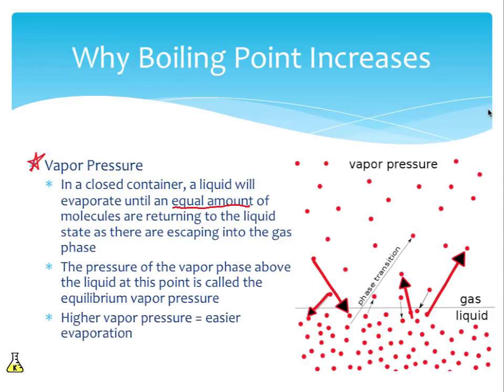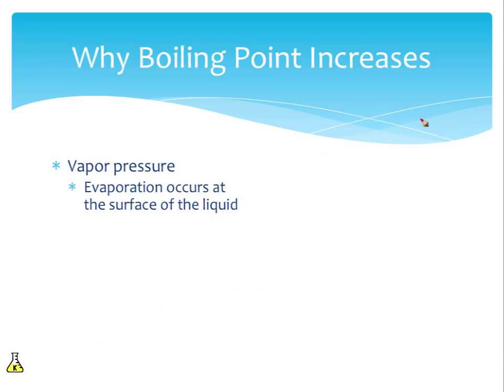In summary, though, connecting it back to why we're trying to explain boiling point, basically what we can say here at the bottom is that when we have a higher vapor pressure, we think of this substance as being easier to evaporate, or, another word, being more volatile, something that's going to basically evaporate very quickly and easily. Water has a relatively low vapor pressure, for example, when compared to something like acetone or nail polish remover, which evaporates very quickly.